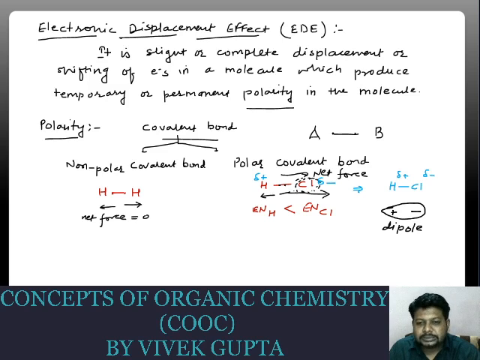In some cases, like in case of delocalization, there can be complete displacement of the electron pair from one atom to another atom. So the electron pair gets shifted completely to a particular atom. That atom will acquire a full negative charge, and the atom from which the electron pair is coming will acquire a full positive charge.